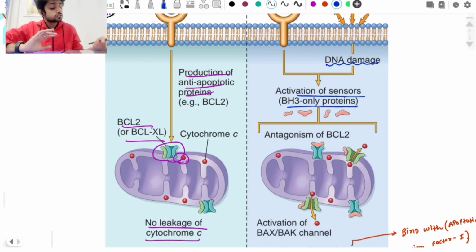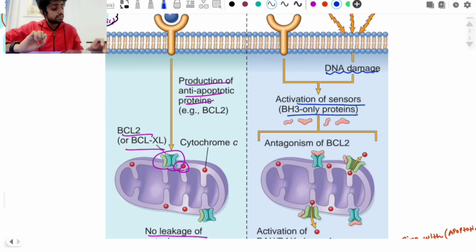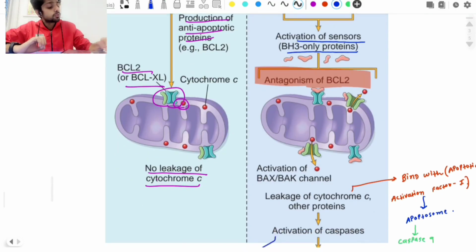Now you are confused guys, what is the meaning of BH3? It is nothing, just a class that BIM, BAD and BAX belong to. Once the sensor is activated, it antagonizes BCL2. And BCL2 is what? Anti-apoptotic.